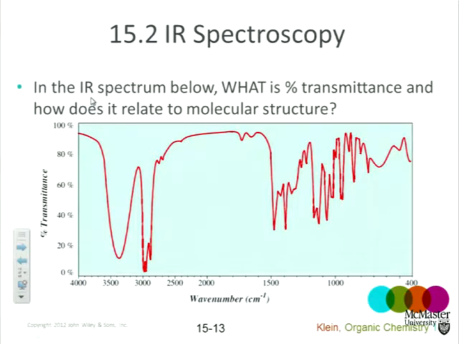So 0% transmittance is 100% absorbance, and by standard but arbitrary convention, we put that at the bottom. 100% transmittance means all the light goes through, no light of that particular energy or frequency is absorbed. Okay, and so we're simply plotting the amount of light absorbed or transmitted as a function of wavelength.